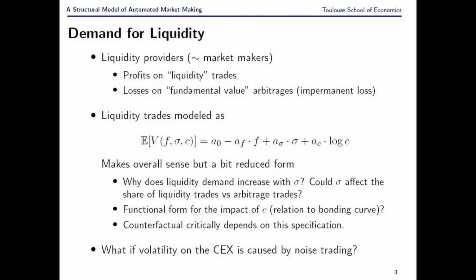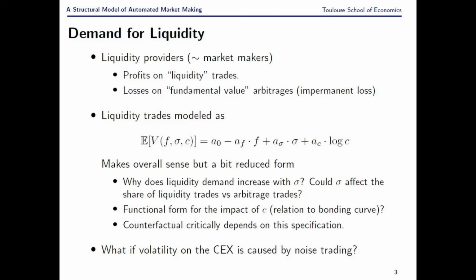Okay, so let's zoom in a bit on this demand for liquidity. Just as a quick reminder, which maybe is not that useful in this audience: if you think of the LPs, they face a relatively simple trade-off, which is that on every transaction they're going to collect a fee.